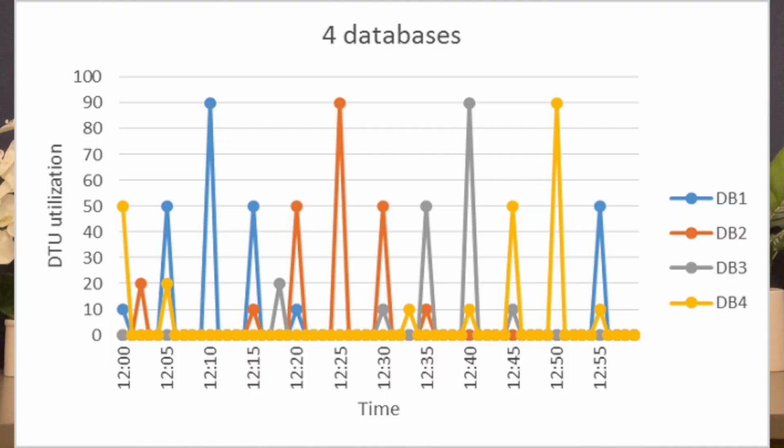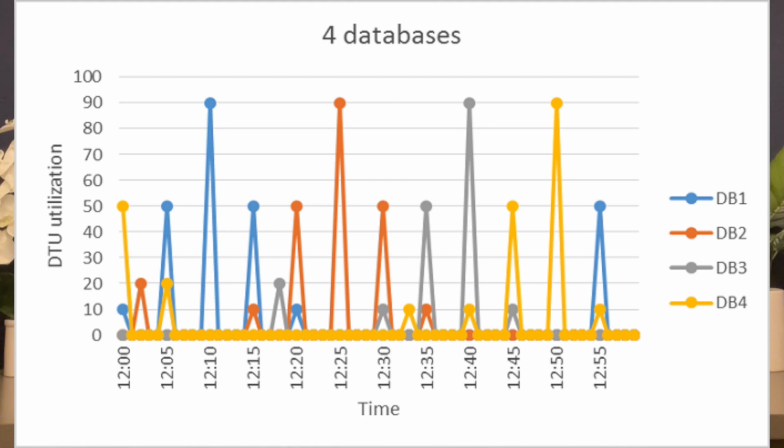So let's take our 4 databases and put them inside of our Elastic Pool, and then let's see how things look now. Looking at the chart here, we can see that we are getting a much better utilization. At every 5-minute interval, we are utilizing a minimum of 50 DTUs. The few spikes that we see here never spike over the 90 DTU mark.